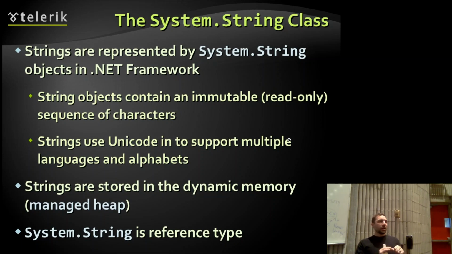The thing about strings, which may not be immediately apparent, is you cannot change them. Once they are made, you cannot edit a string. When something is read-only, we call it an immutable type.